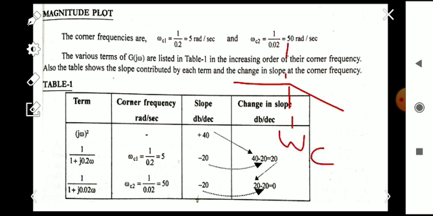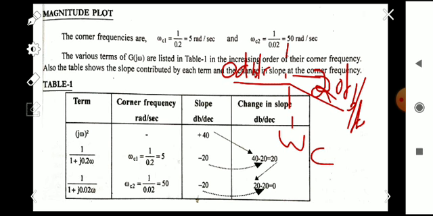For example, if it is a 0 decibel per decade line, and at a particular frequency omega c the slope becomes minus 20 decibel per decade, that frequency is called the corner frequency.